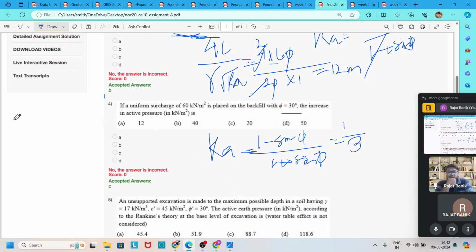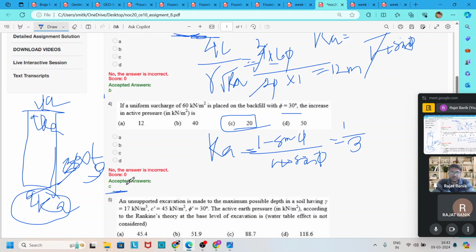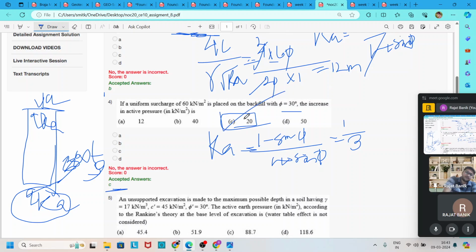We know that due to a surcharge, the active earth pressure at any depth is constant, and it becomes Q into K, here also Q into K. So the increase is Q into K. Here the Q value is 60 and K is 1 by 3, so it becomes 20. So the active earth pressure is increased by 20 kilonewton per meter square. The correct option is option C, 20 kilonewton per meter square.